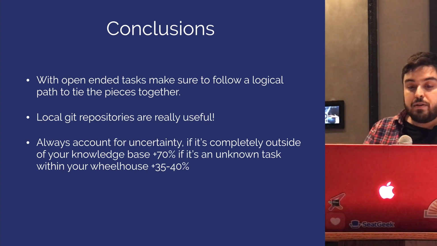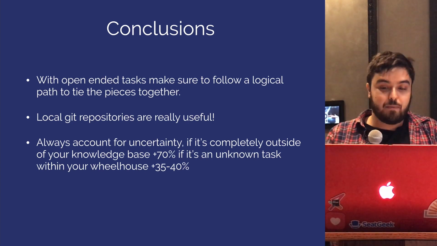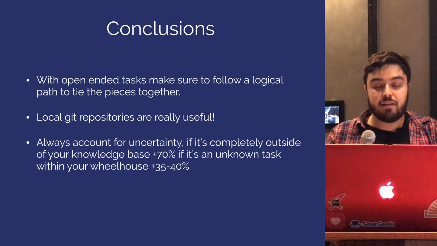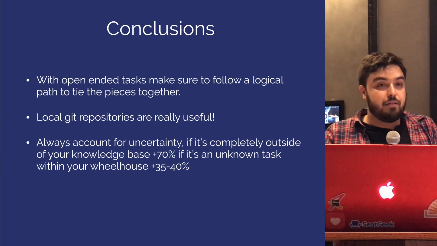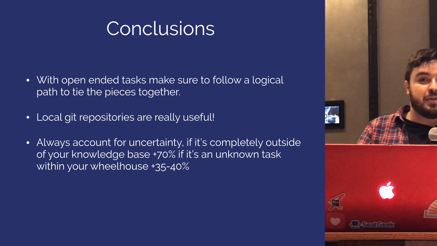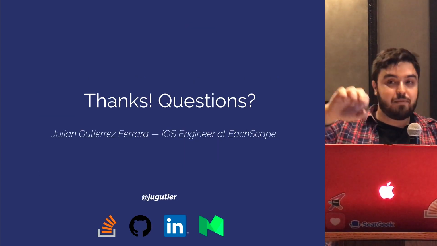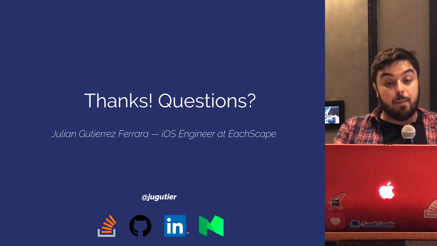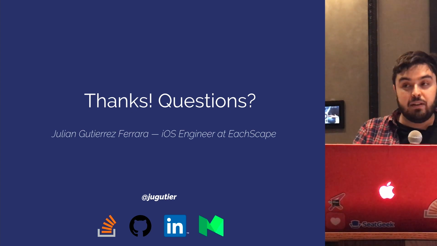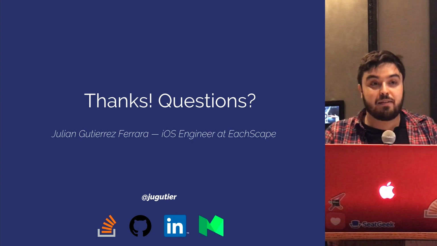So the conclusions for this: well, it's an open-ended task. Usually if you're at work and you get an open-ended task like this, make sure to follow a logical path to tie those pieces together. In this case, we knew we had an empty React app, and we want to talk from JavaScript to native code, and so on. Local Git repositories are really useful, especially with these tools that do destructive operations.